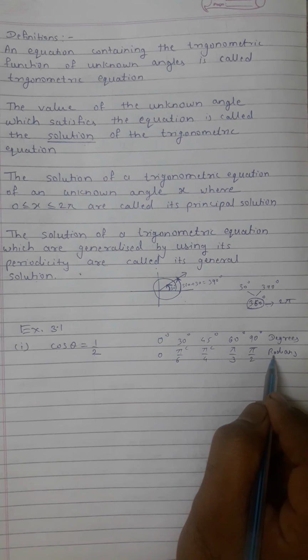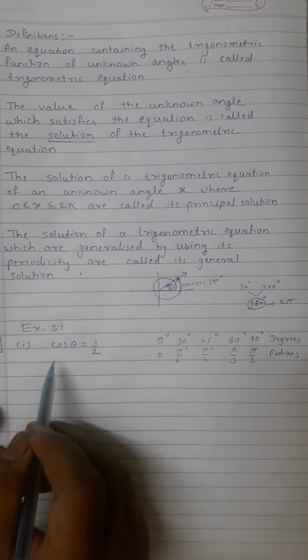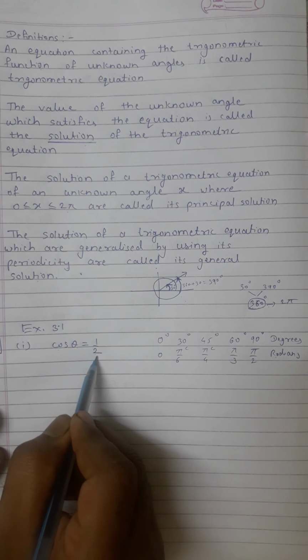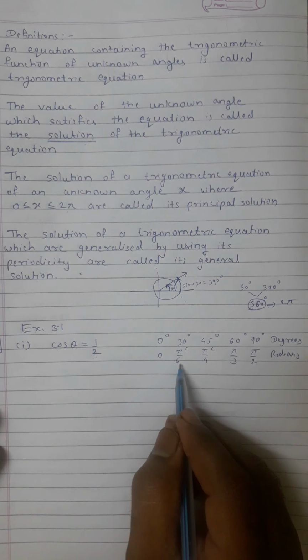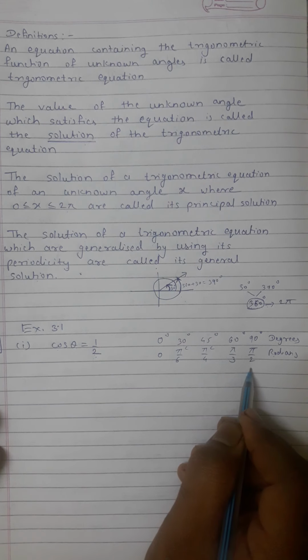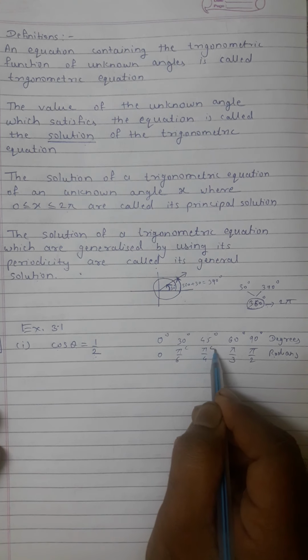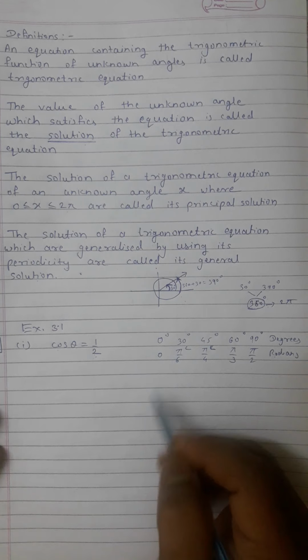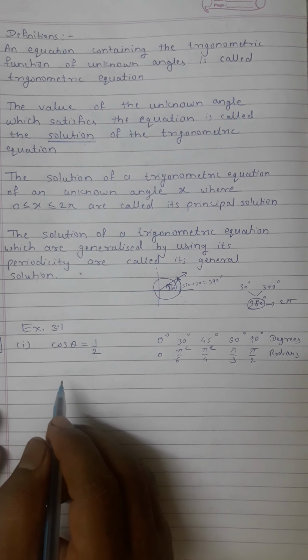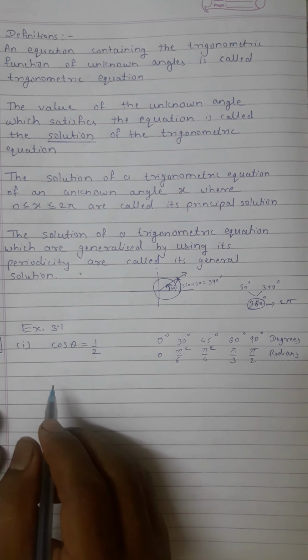We will always write the angle in radians, and we will not write the radian sign, as it is considered.